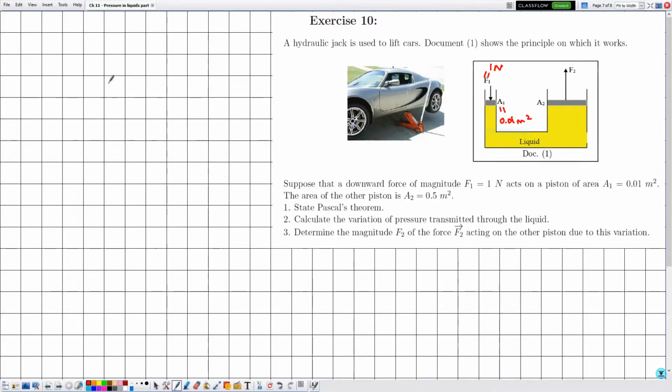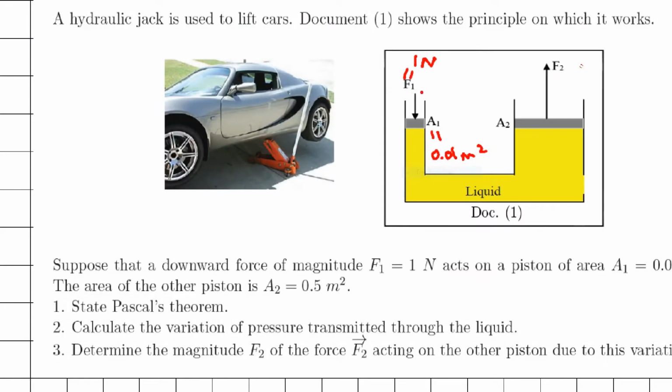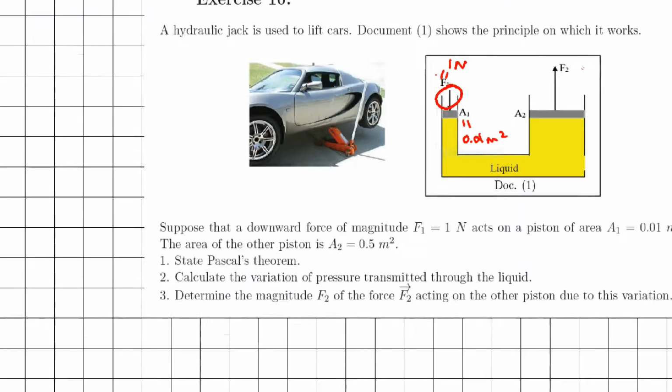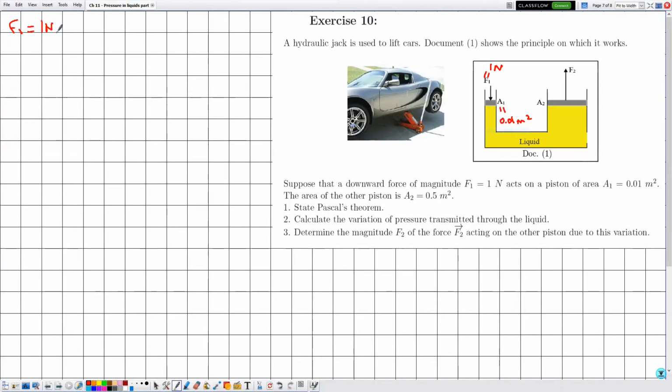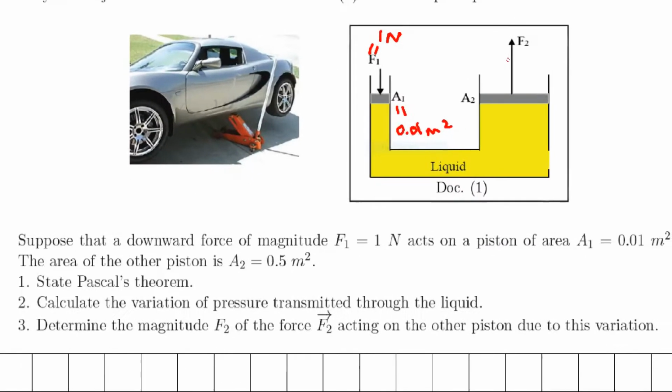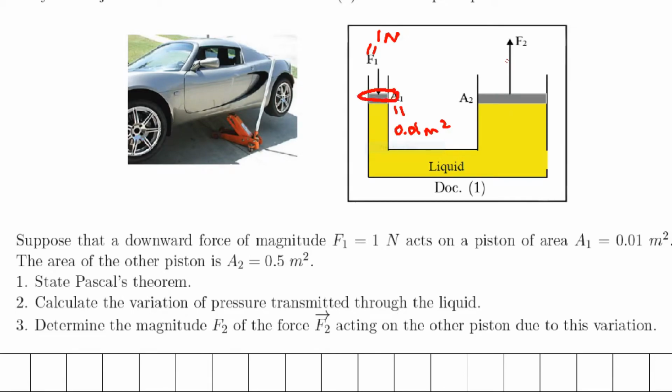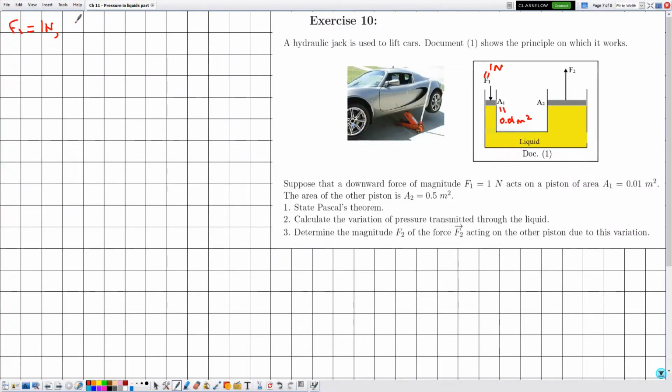Let me write here the magnitude of F1. So here F1 is being represented by this vector. So it acts vertically downward, having a magnitude of 1 newtons. So it acts on this piston, having a cross-sectional area given by A1 is equal to 0.01 meters square. So everything here is in the SI.